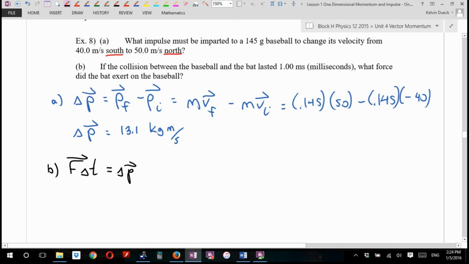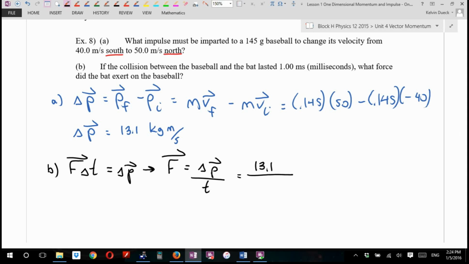How could I get the force by itself, my friend? So if I hear you correctly, and I think I do, you're telling me the force is going to be the impulse divided by the time, which is going to be 13.1 divided by how much time? 1 millisecond. What the heck is milli? 10 to the what?